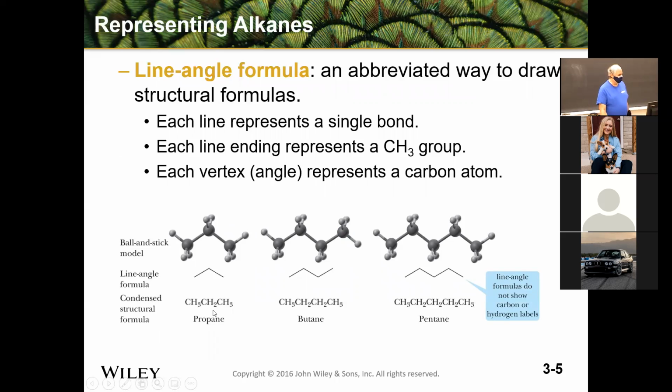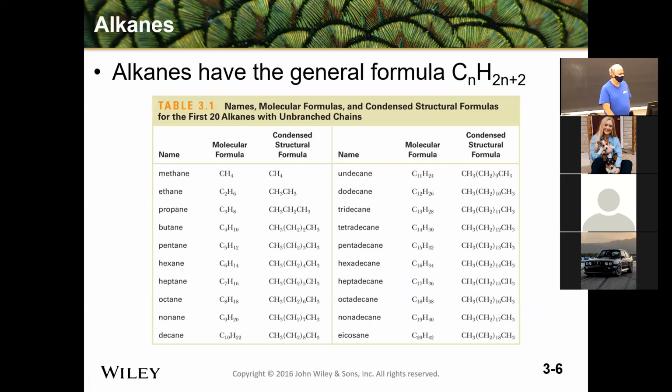Be familiar with how to draw line angle formulas and how to interpret them. Know from memory the first 10 alkanes and how many carbons they contain. CnH2n+2, be aware of this general formula.